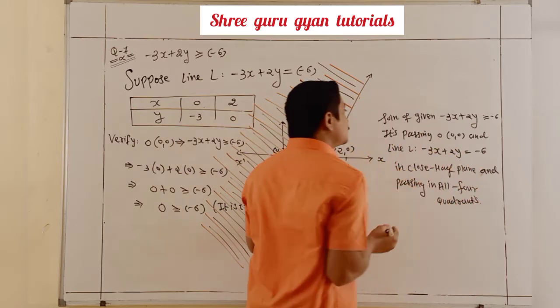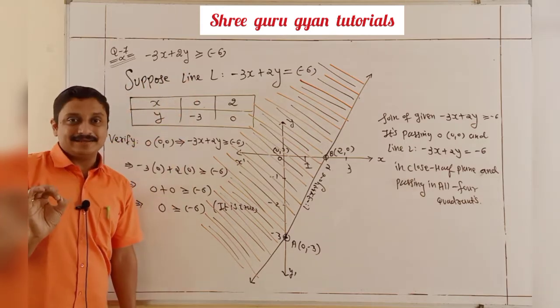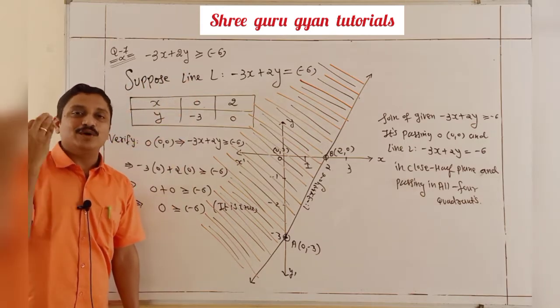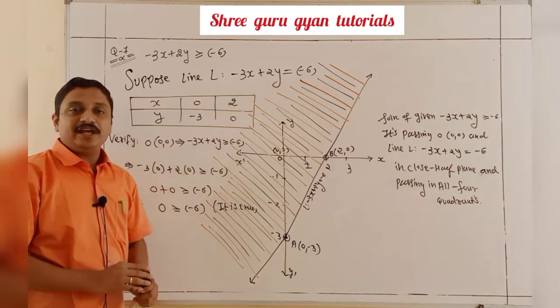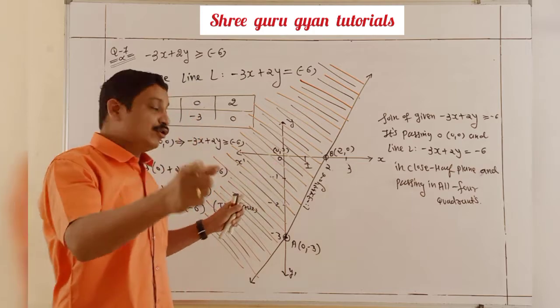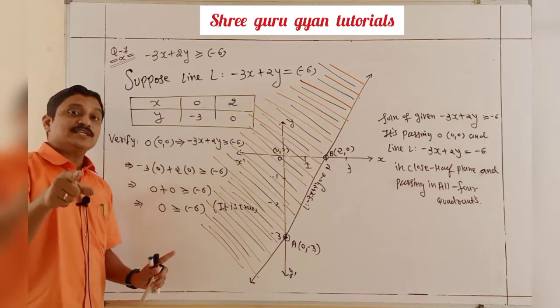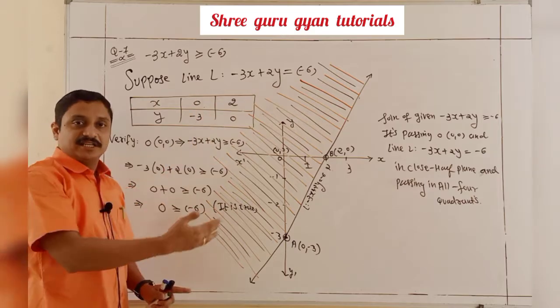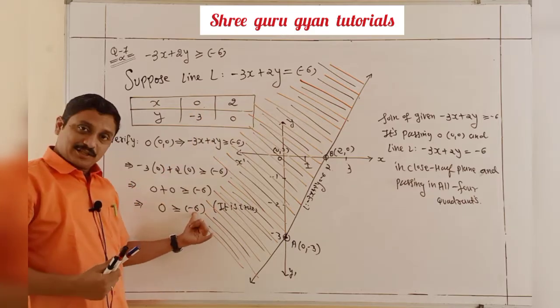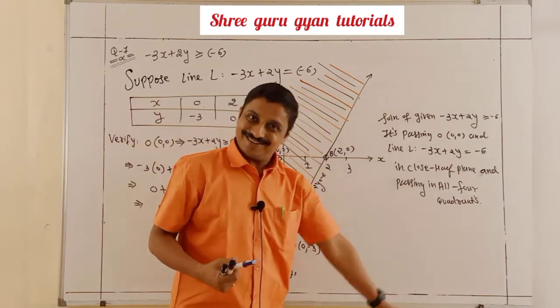Your final answer for this inequality is very easy. Yes students, I hope you understand this type of shading. Here shading is the main thing. In shading, you must first check your verification. If the origin passes, it is true, then you make the shading on this side. If it does not pass, it is a false equation, and you make the shading downwards. Okay?